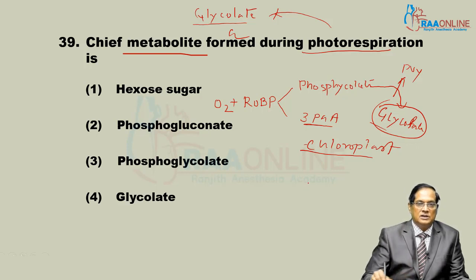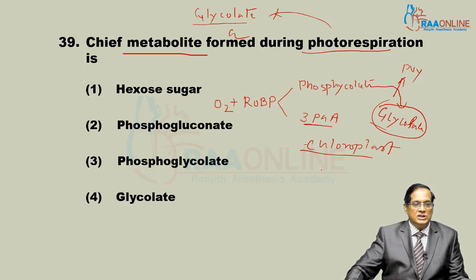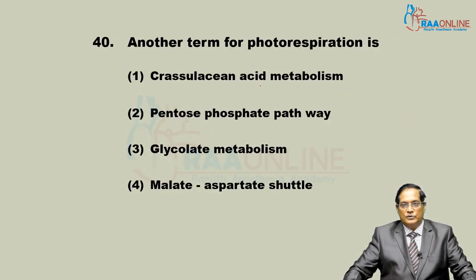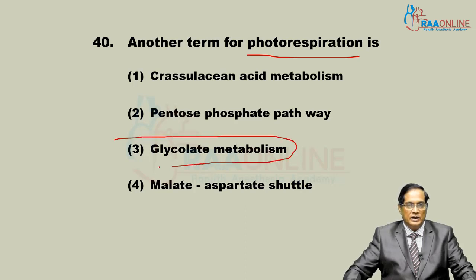So the final answer for this question: the chief metabolite of this process is glycolic acid or glycolate. Another term for the photorespiration I have just described is glycolate metabolism or C2 cycle.